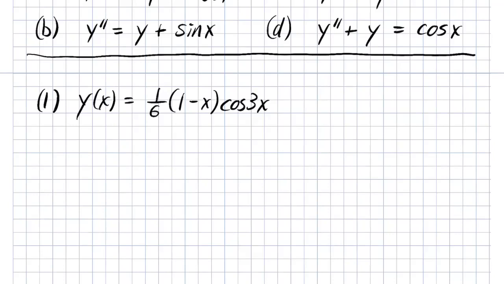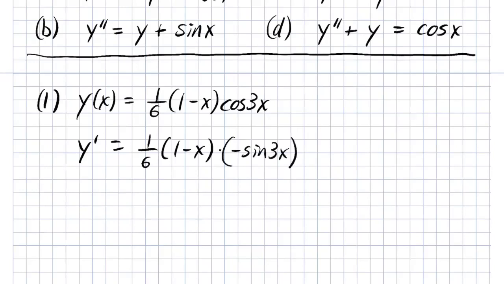So we will have y prime is equal to 1 over 6 times 1 minus x times the derivative of cosine 3x, which will be minus sine 3x, and then times 3.